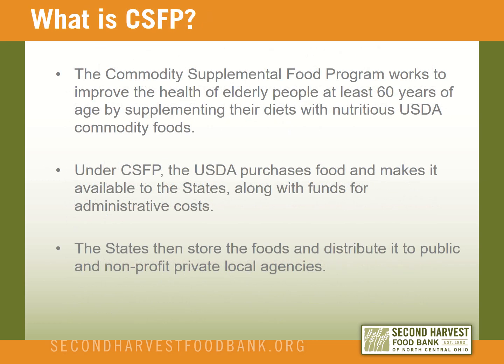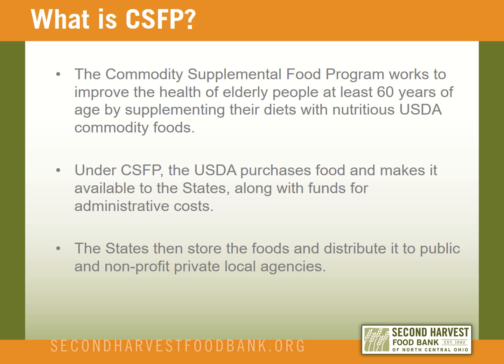What is CSFP? Again, that stands for Commodity Supplemental Food Program, or what we call our Senior Box Program. This program is specifically designed for our seniors who are 60 years or older. Now, while TEFAP has an income eligibility guideline of 200% of the federal poverty guideline, our senior box program is a little bit more strict, where it's at 130% of the federal poverty line.